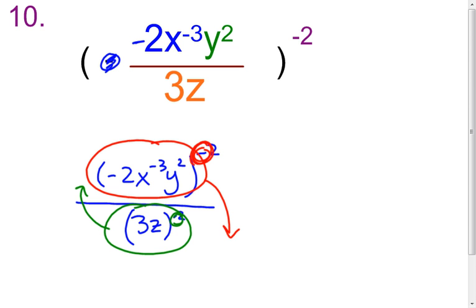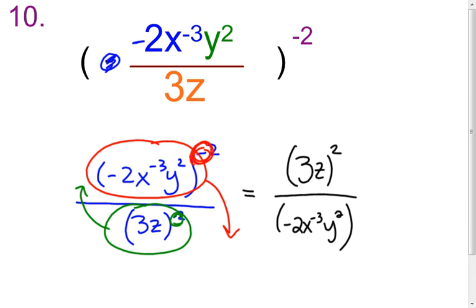The only exponents that are going to become positive are the outside ones when you move it. That's the only thing that changes. Nothing else changes the signs. So now I have 3z to the positive 2, and I have negative 2x to the negative 3y squared to the positive 2. Notice that nothing else became positive.